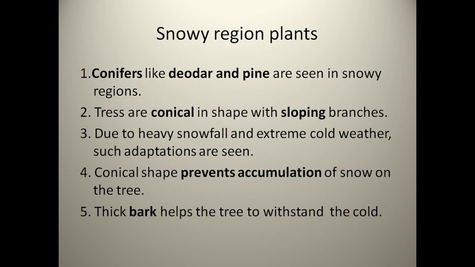Conical shape prevents accumulation of snow on the tree. Okay, we already discussed that conical shape. What is the work of conical shape? Conical shape prevents accumulation of snow on the tree. The bark helps the tree to withstand the cold, and their barks are very strong. What is the bark?